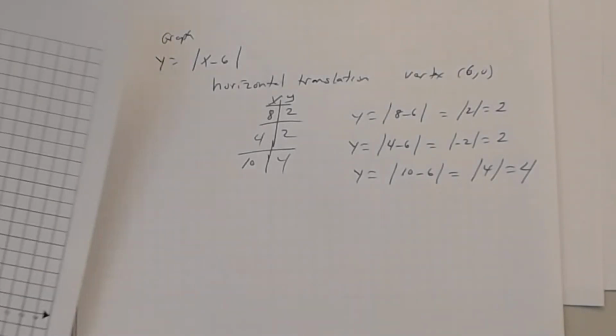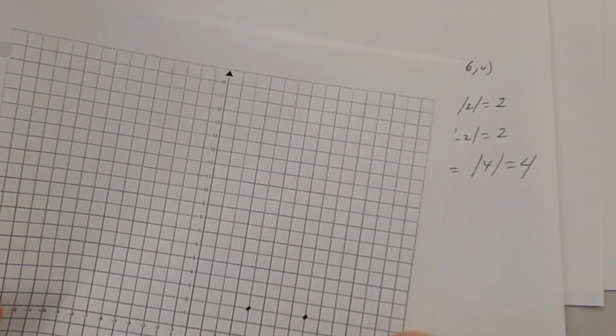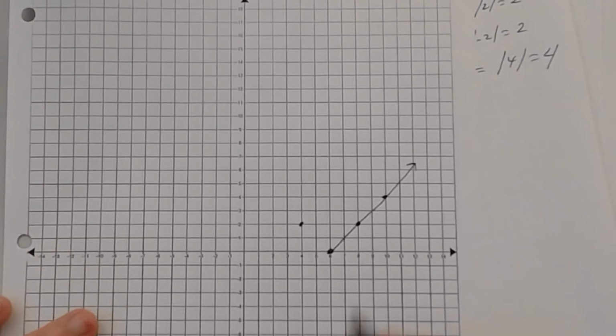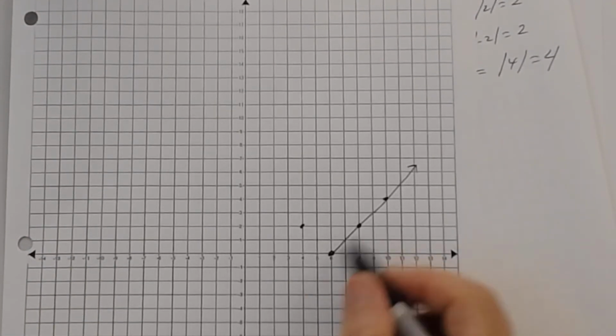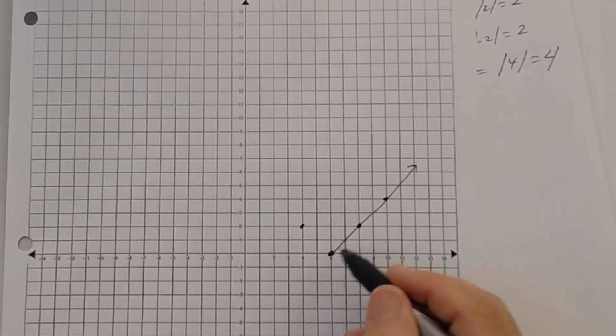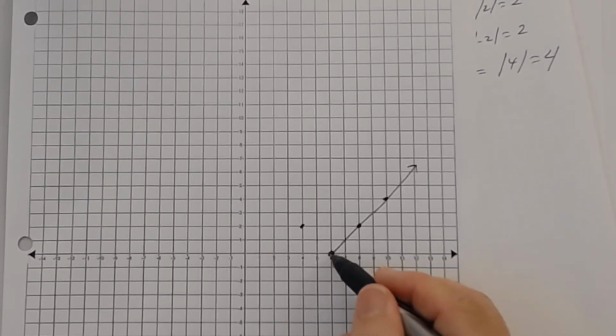So I plot the point 10, 4, and I get this. And so I know this part of the graph looks like this. You just draw your ray. Now remember, don't draw a line with 2 arrows right here. It doesn't do that, right? This is your vertex. This is where that point ends.